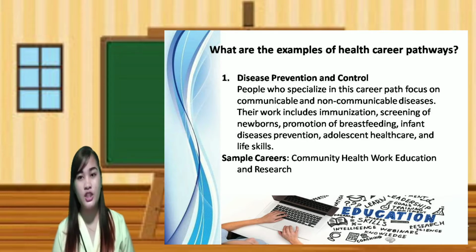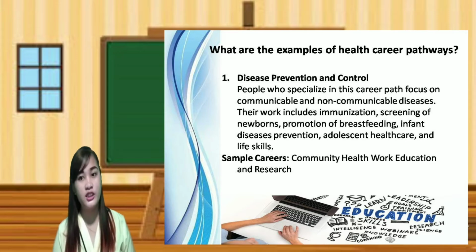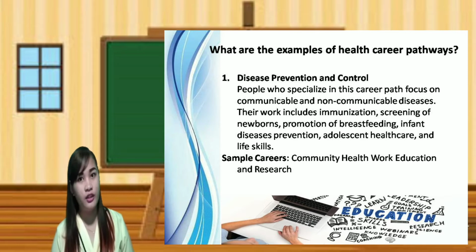People who specialize in this career path focus on communicable and non-communicable diseases. Their work includes immunization, screening of newborns, promotion of breastfeeding, infant diseases prevention, adolescent healthcare, and life skills.